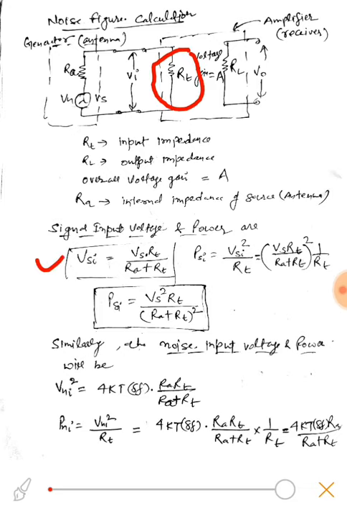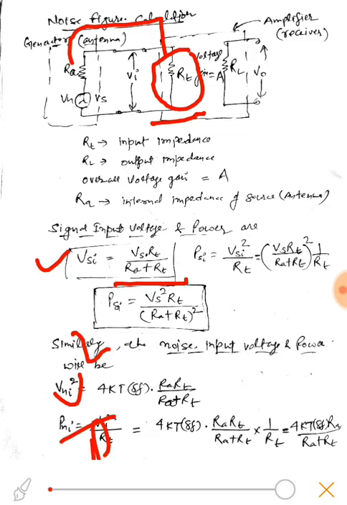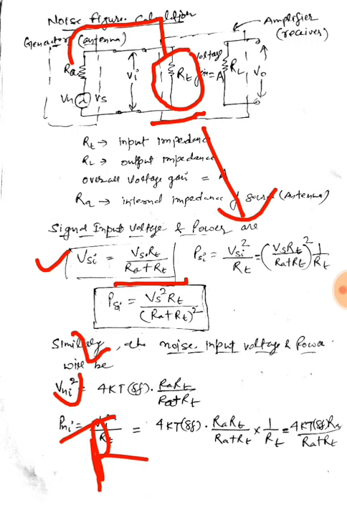Using the voltage divider rule, VSI, the signal voltage across this input impedance, comes out to be Vs into RT upon Ra plus RT, as we have two resistances, Ra and RT. Power, as we all know, is V square upon R. So the power across this input resistance RT would be VSI square upon RT, which comes out to be this.